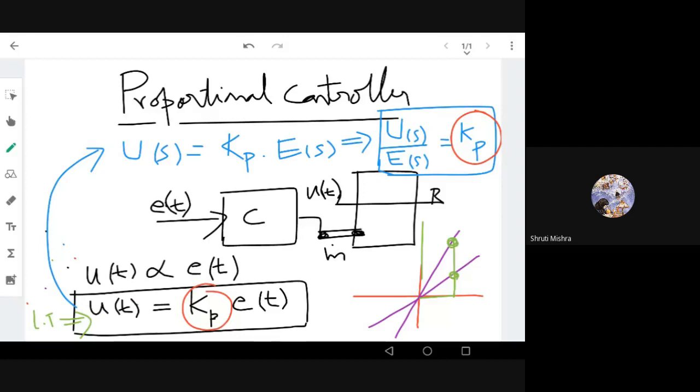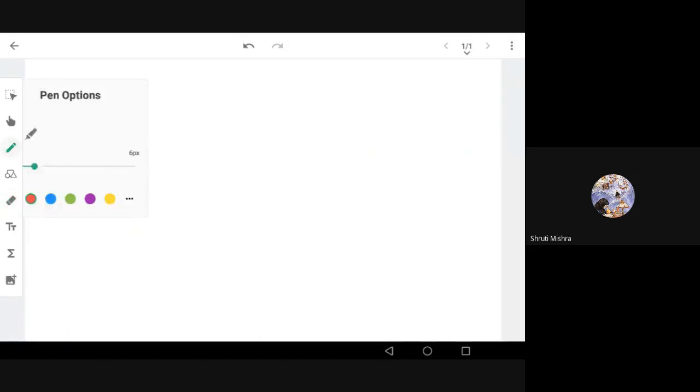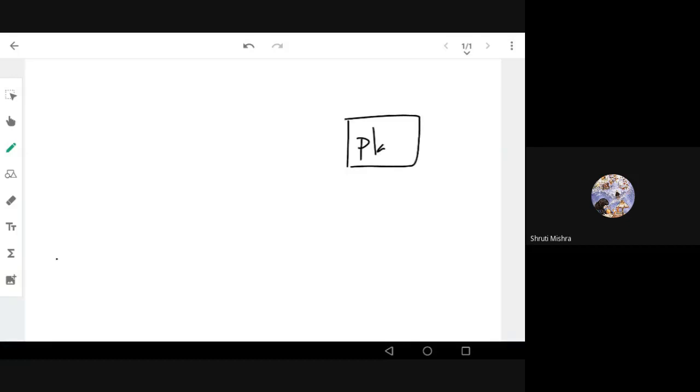So I can draw this proportional control tank like this. Very simple. This is my plant, my water tank, which is considered as a plant. The controller is nothing but a gain Kp. This is my error, and the output of the controller is going to the plant, right?